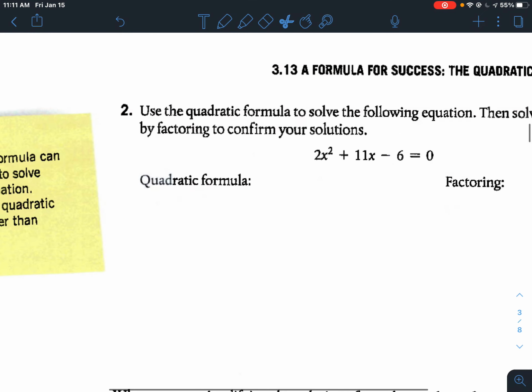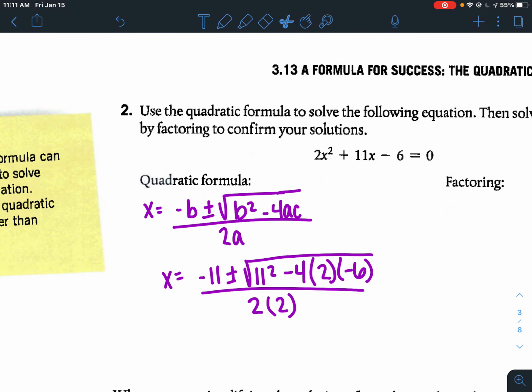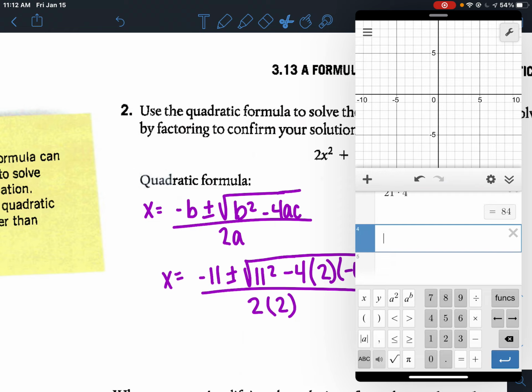Okay, so quadratic formula. I literally just copy and pasted it from up above. x equals negative b plus or minus square root of b squared minus 4ac all over 2a. Then I plugged in my a variable, my b variable, and my c variable in the correct spots, and I literally just plugged it into Desmos, except the first time I plugged it in, I used a negative, and then the second time I plugged it in, I used addition and subtraction.